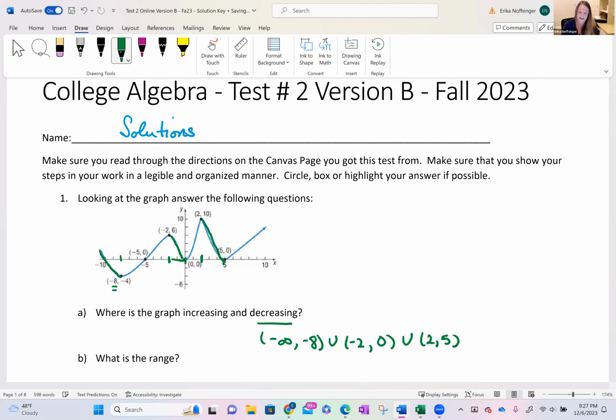And the rest looks like it's increasing. So we're going up from left to right. So we're increasing here from -8 to -2, union 0 to 2, union 5 to infinity.